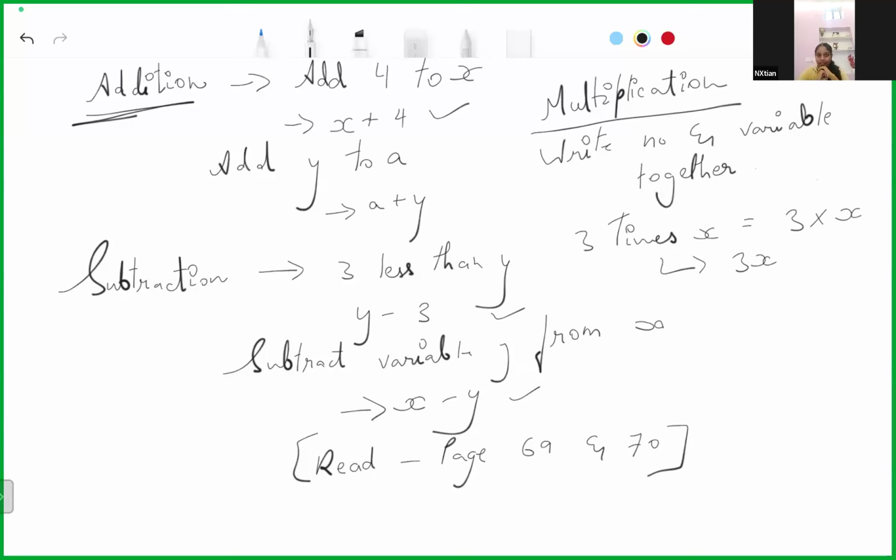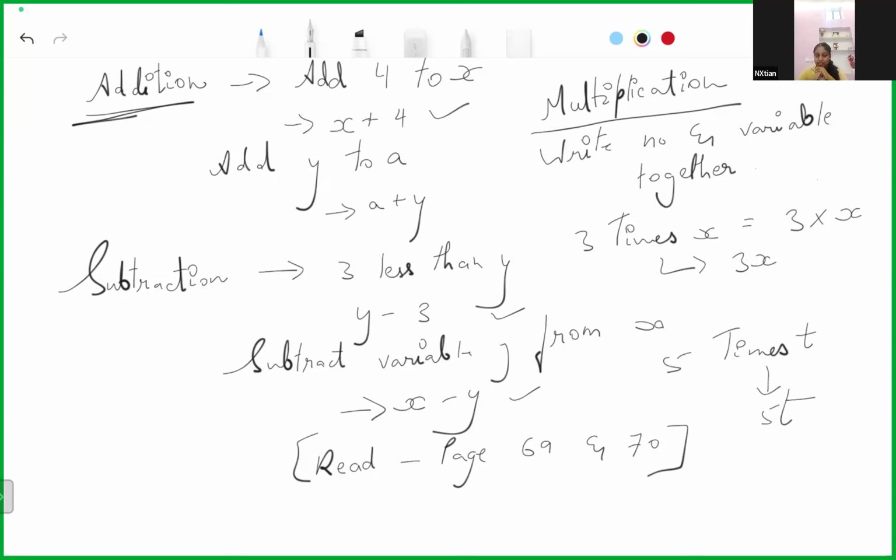Or suppose I have 5 times t. I don't have to write 5 into t. I can just write 5t. That shows that 5 and t are in multiplication.